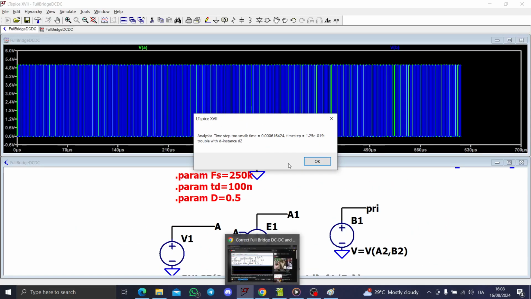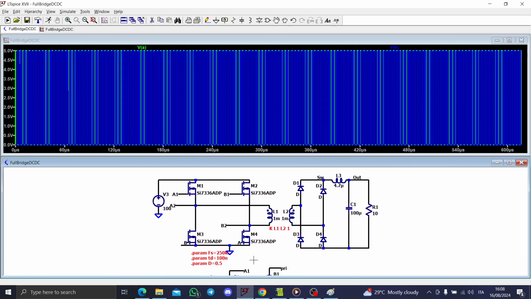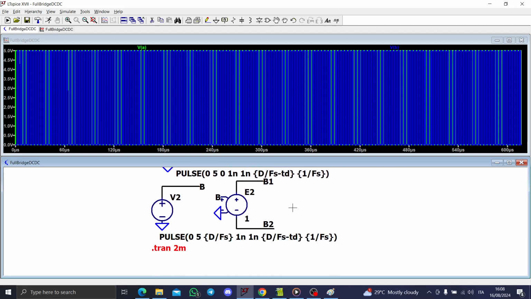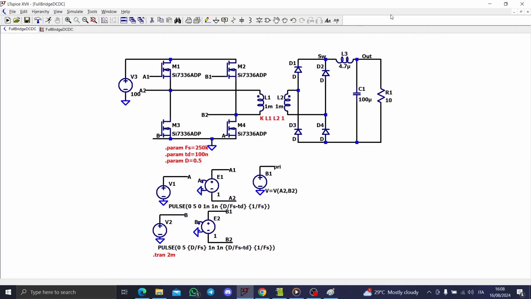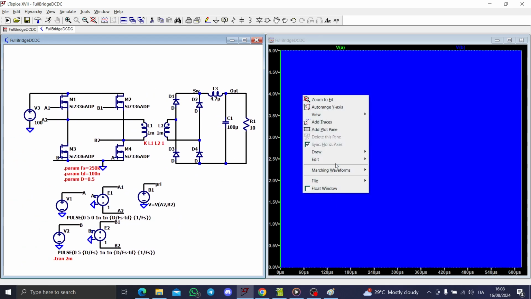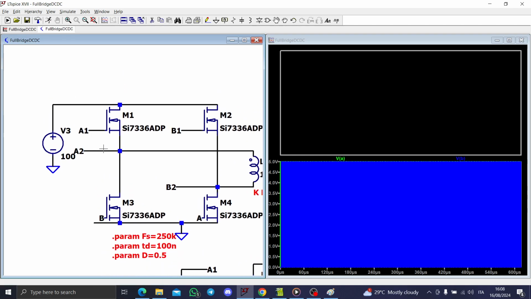Let's come back to the LTspice. Okay, so these are the waveforms, and these are the differential forms for the I side. So now let's analyze everything step by step. Here I implemented a full bridge with 100 volts.